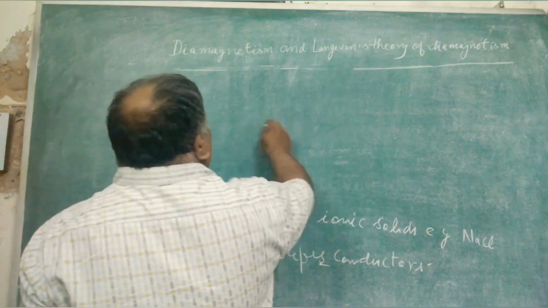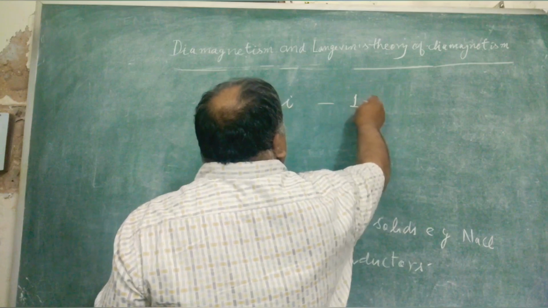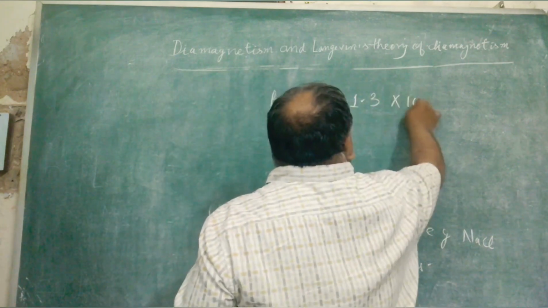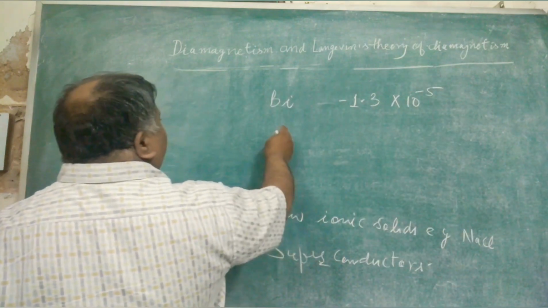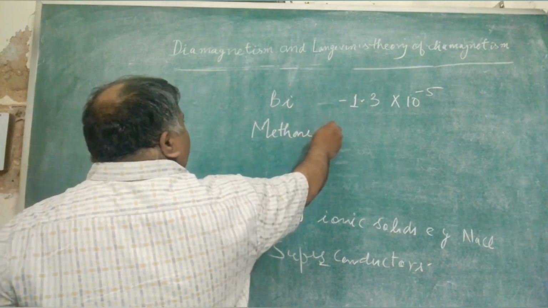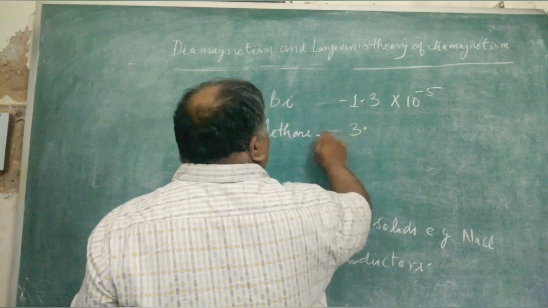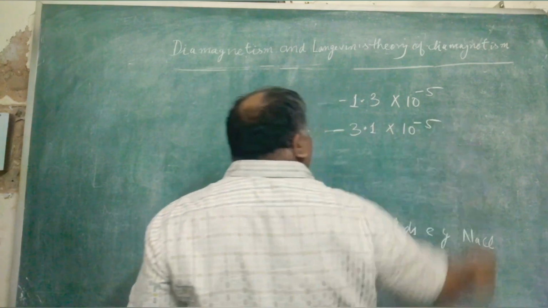Susceptibility of this one is negative 1.3 times 10 to the power minus 5. Susceptibility of methane is negative 3.1 times 10 to the power minus 5.